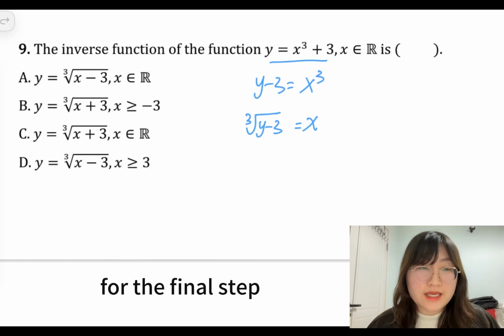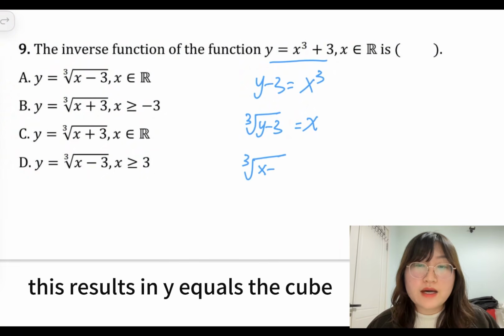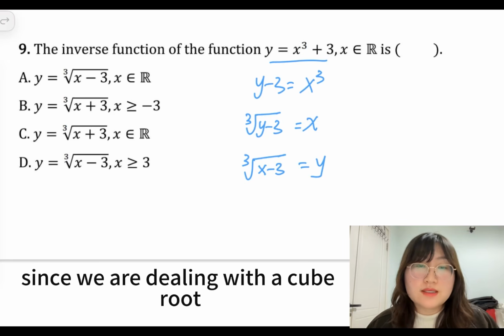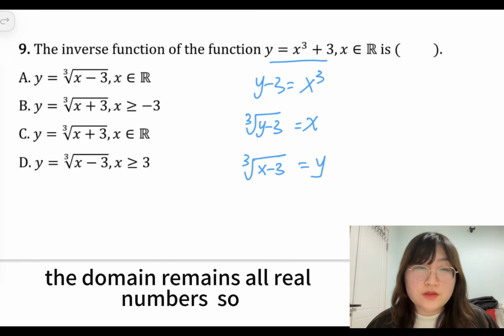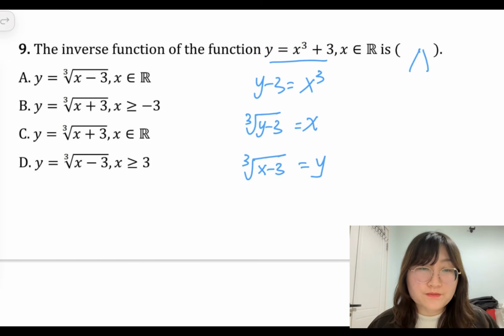For the final step, we swap x and y to write it as the proper function. This results in y equals the cube root of the quantity x minus 3. Since we are dealing with a cube root, the domain remains all real numbers, so the correct answer is A.